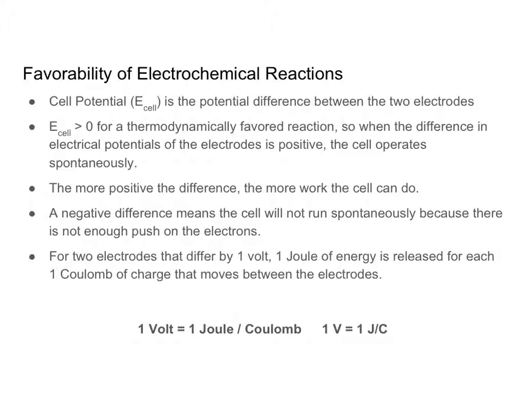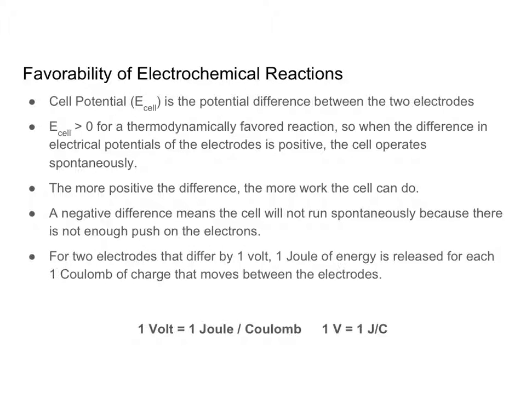So a positive cell potential means the battery or the electrochemical reaction is thermodynamically favored and it operates spontaneously. The more positive the difference, the more work the cell has the ability to do, the more voltage it can produce. A negative difference, so a negative cell potential, means the cell will not run spontaneously because there's not enough push on the electrons.